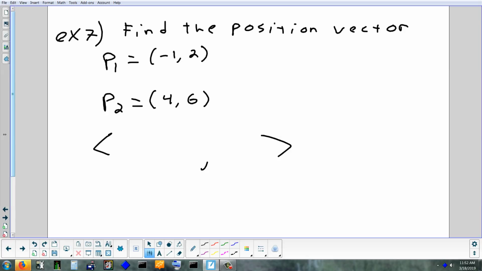To find both components, the horizontal and the vertical, what math operation do we use? Yeah, subtraction. So we can set that up right now.